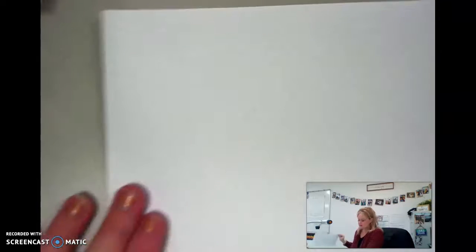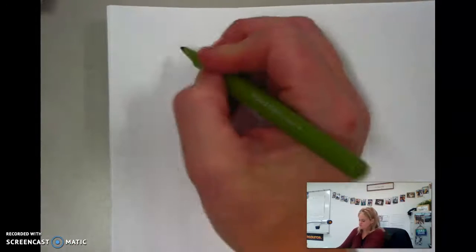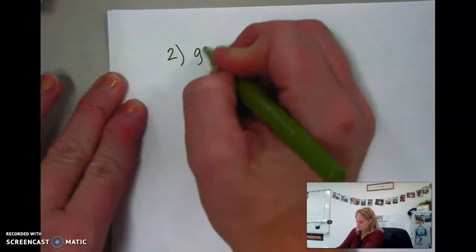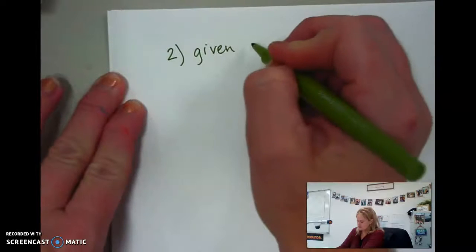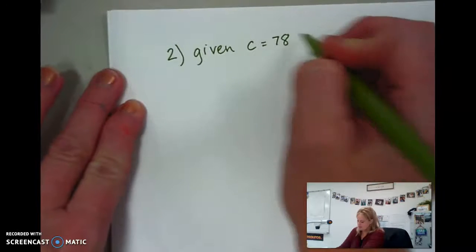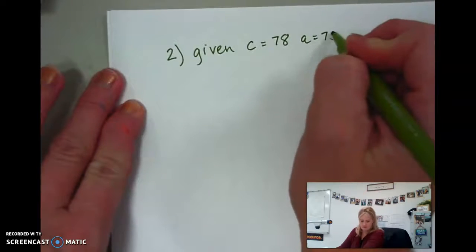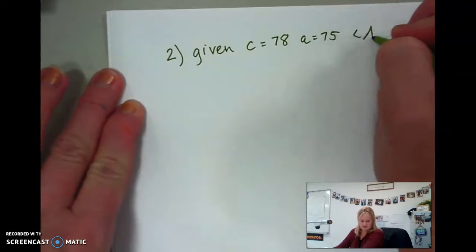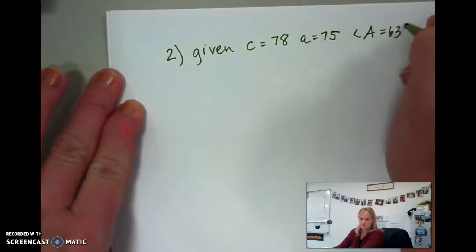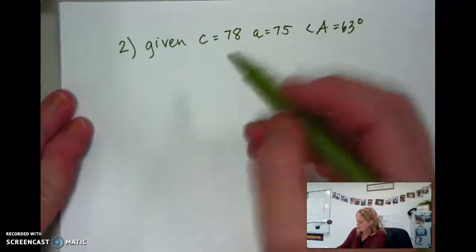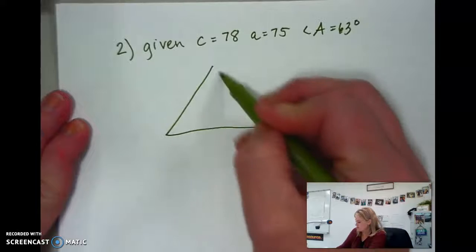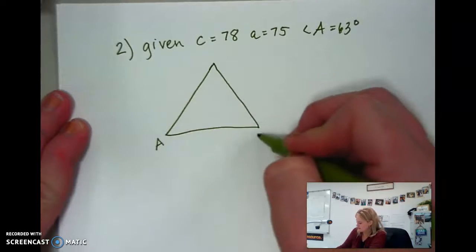Okay, let's try one more here really quick. Given C is 78, A is 75, and angle A is 63 degrees. Set up your triangle. Well, what's a hint that I'm given sides or angles?